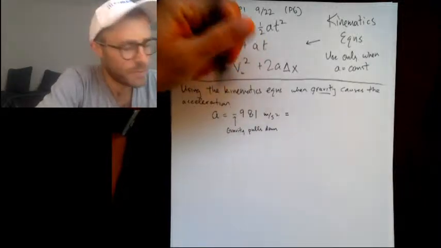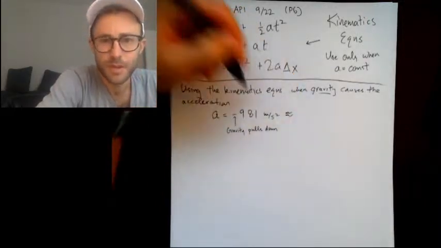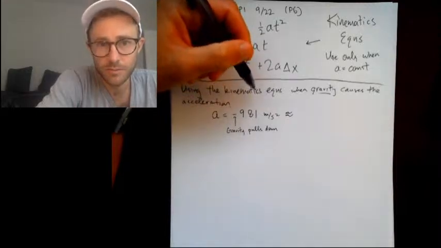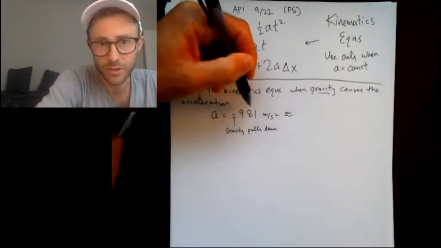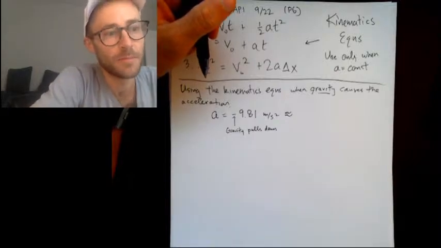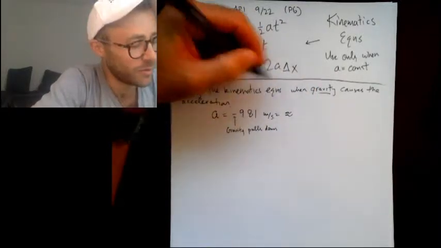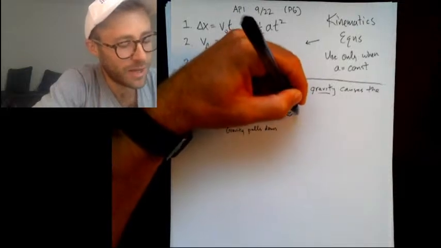So, yeah, we will approximate this. None of the homework uses acceleration as negative 9.81. I have it programmed in there to approximate gravity as 10.